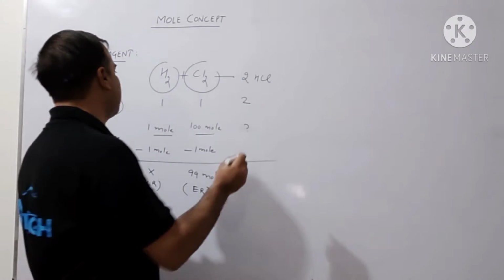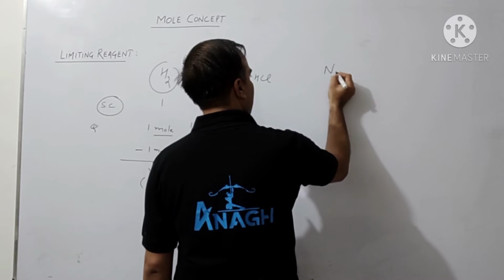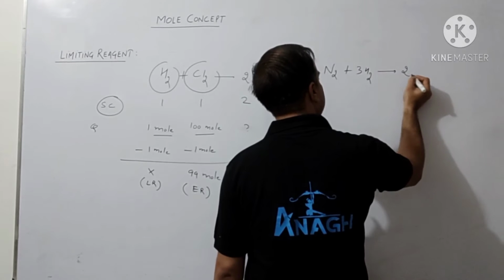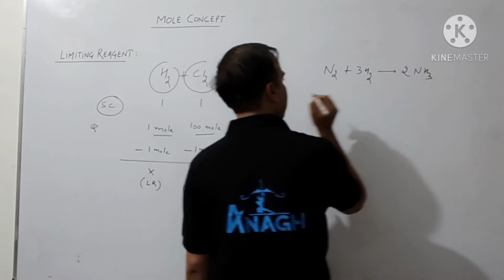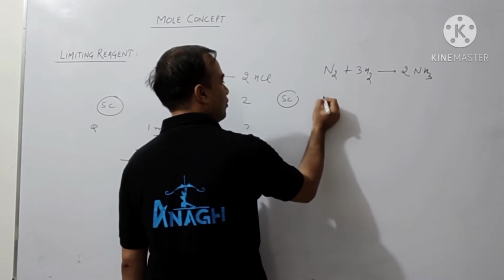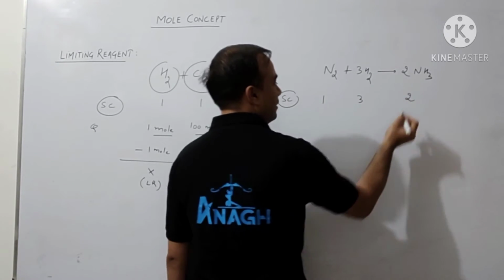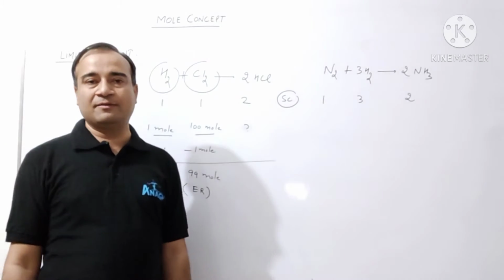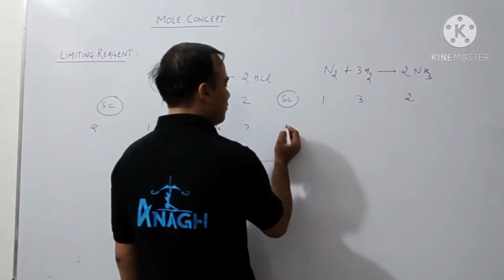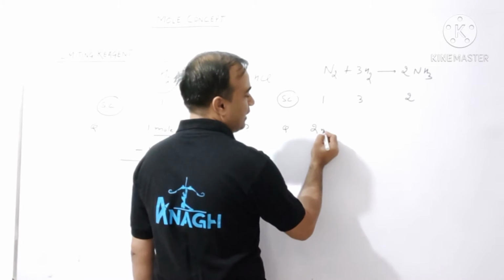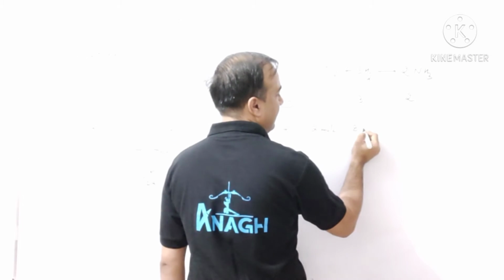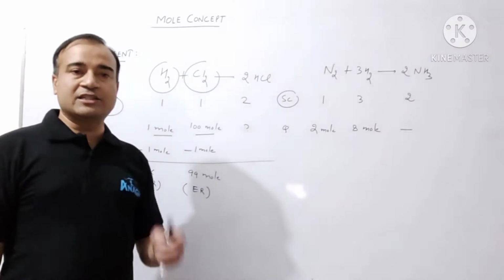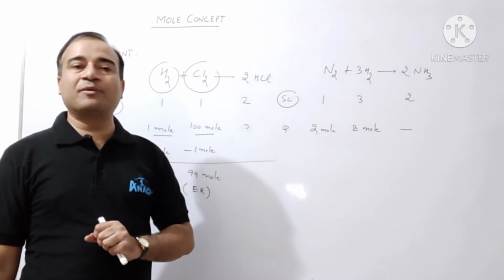Taking another example of nitrogen and hydrogen, which combine to form ammonia. As I know, the stoichiometric coefficients of nitrogen, hydrogen and ammonia are 1:3:2 respectively. Suppose in the question, 2 moles of nitrogen and 8 moles of hydrogen are going to combine with each other to form ammonia.